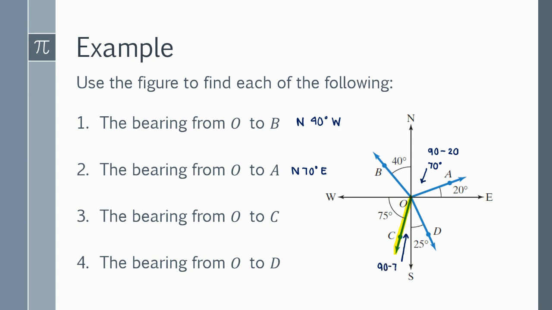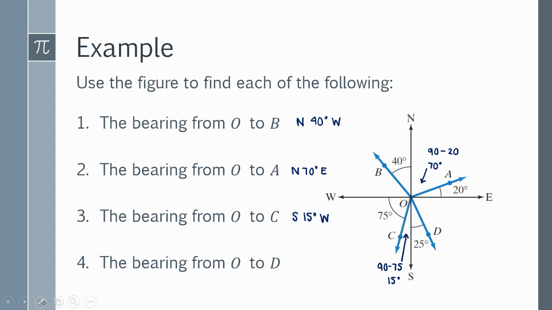We have to subtract it from 90, and that gives us then a 15-degree angle. That's what we want in our bearing. Because we're in the third quadrant, we are going south. We have that 15-degree angle. Because we're in the third, we're going west. So south 15 degrees west would be that answer.